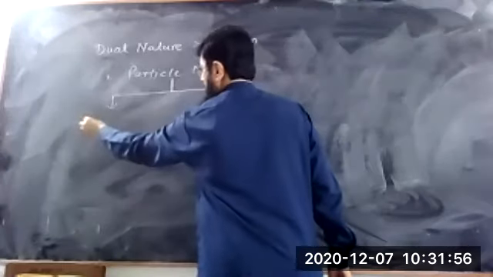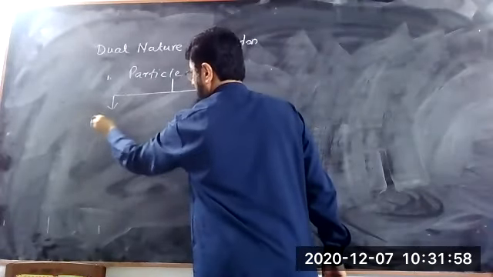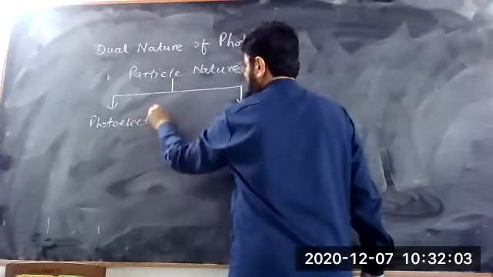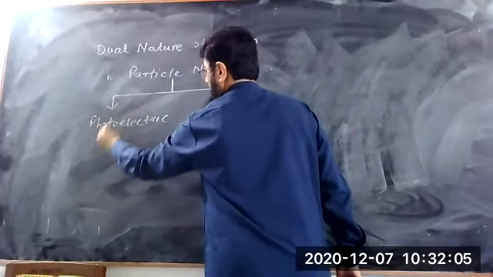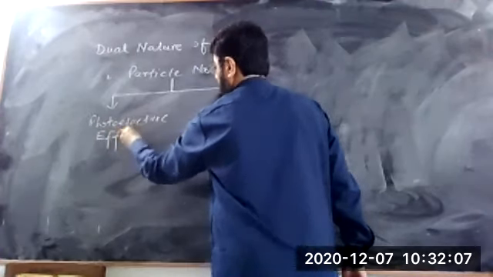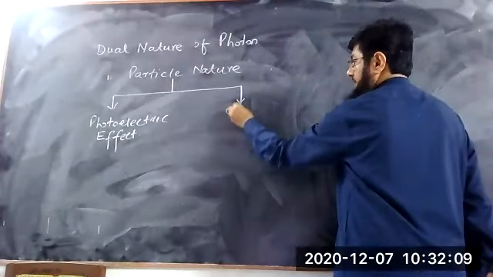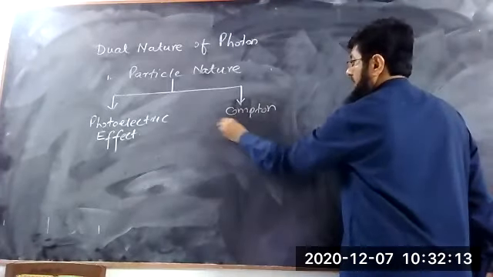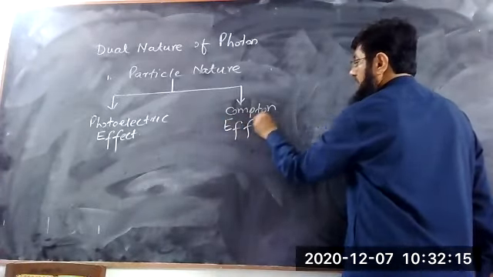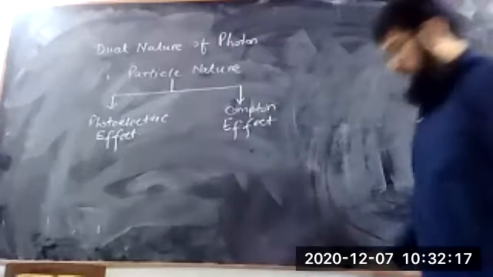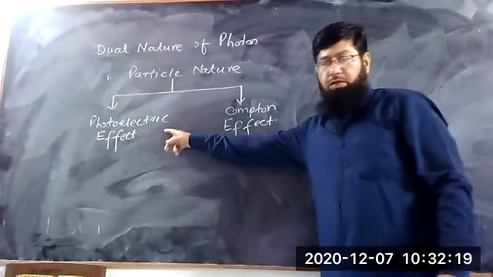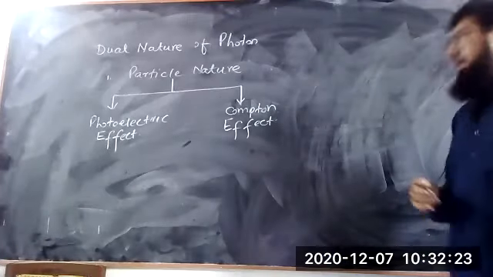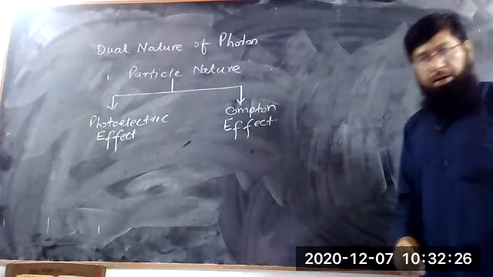Number one is the photoelectric effect, and number two is the Compton effect. These two basic equations indicate the photon as a particle.